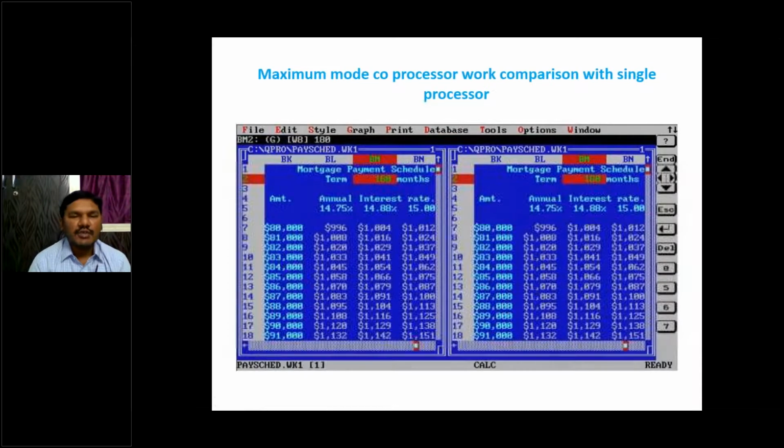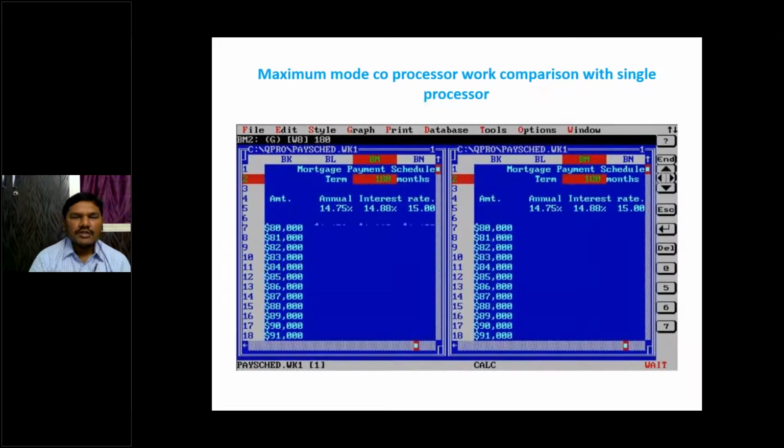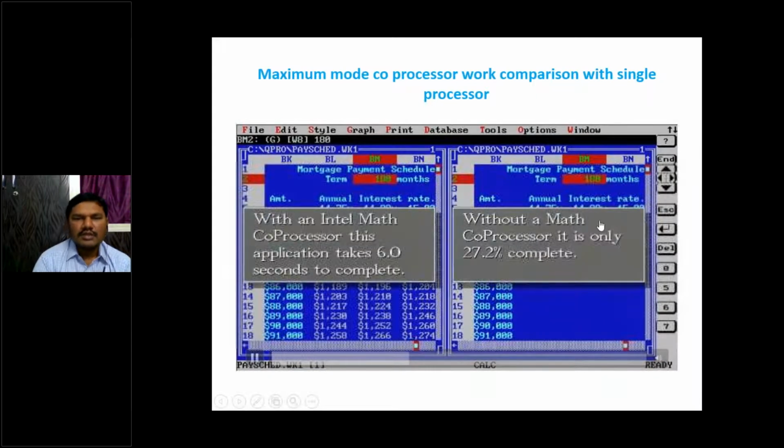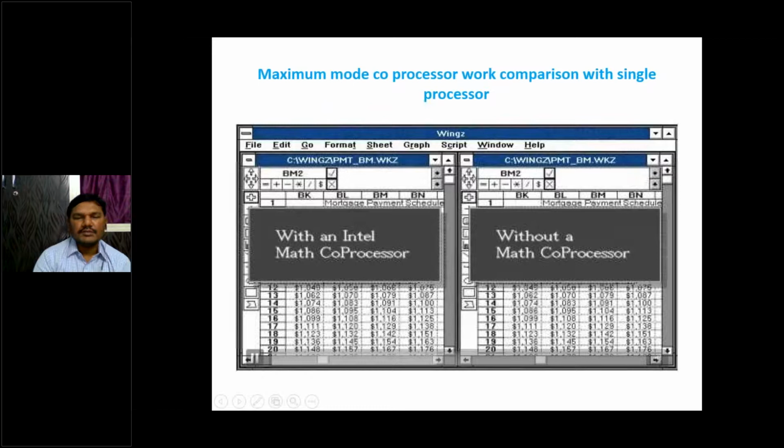Here we have one more example. You can see that it is performing some arithmetic operations. This is with coprocessor and this is without coprocessor. Within 6 seconds it was completed, whereas the other was at 27.2% only.